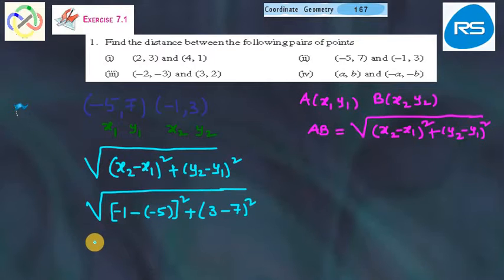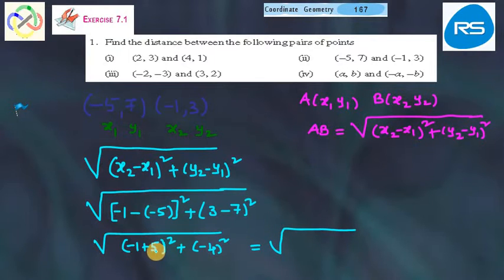Go to further simplification. As you know, minus of minus is plus, so minus 1 plus 5 whole square plus 3 minus 7, which is negative 4, whole square. So this is 4 square plus minus 4 whole square.